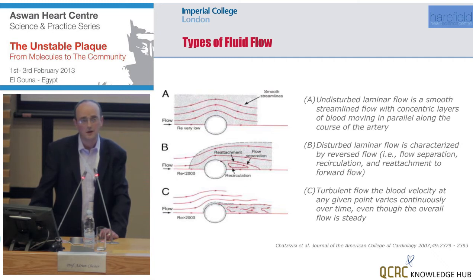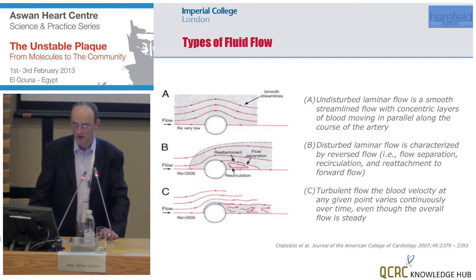In cases of branching or obstructions, this flow may become disturbed laminar flow, characterized by reverse flow in certain areas and areas of stagnation. A third type of flow, which doesn't really occur and has no significant effect on the atherogenic process, is turbulent flow, where you have almost random motion of flow after some sort of blockage.